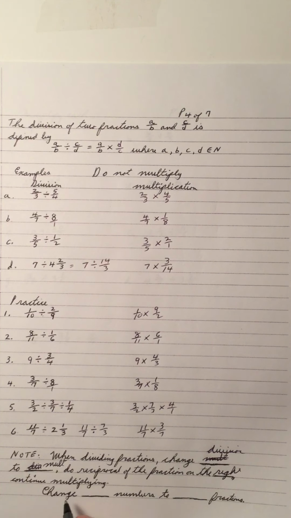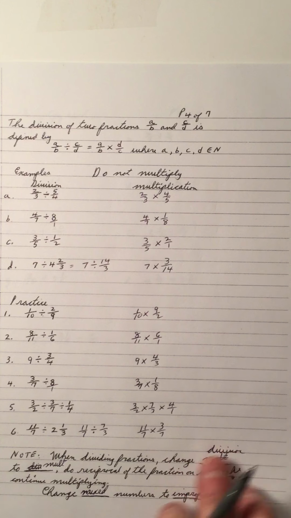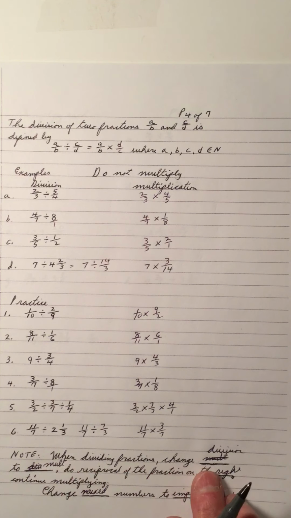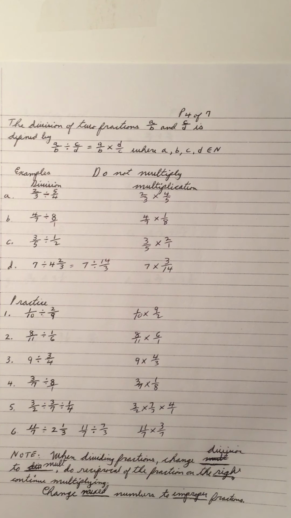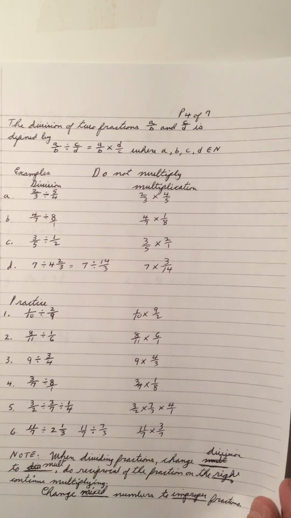And you notice also we change the mixed numbers to improper fractions. Just a little review. Again, when dividing, you change your division to a multiplication and do the reciprocal of the fraction on the right side. And continue working out the multiplication rules. And you change mixed numbers to an improper fraction.